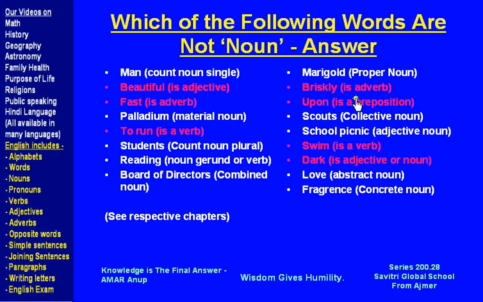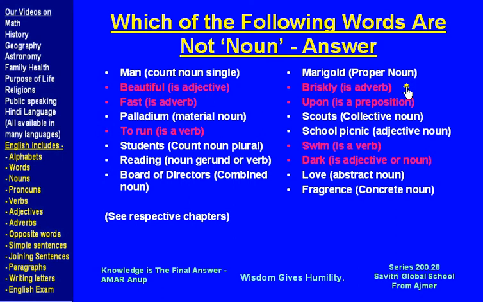Next is the word briskly. Again, briskly is an adverb because it tells more about a verb. He ran briskly, or she swam briskly. So briskly is telling about the activity of the verb, how the activity was done.